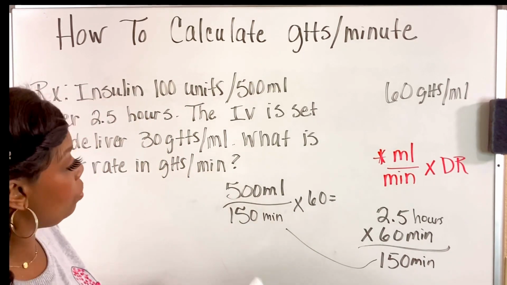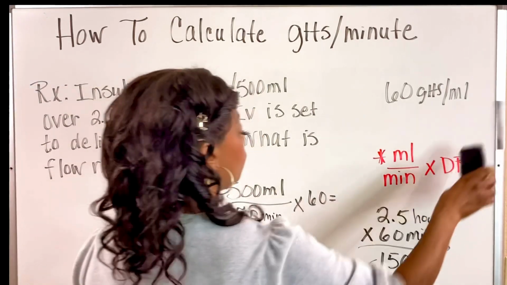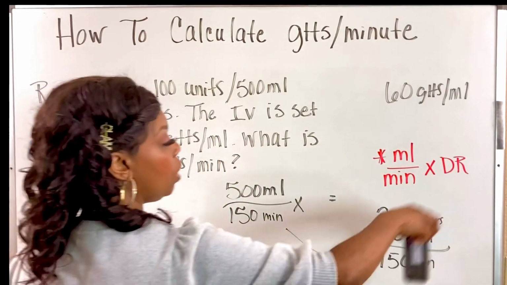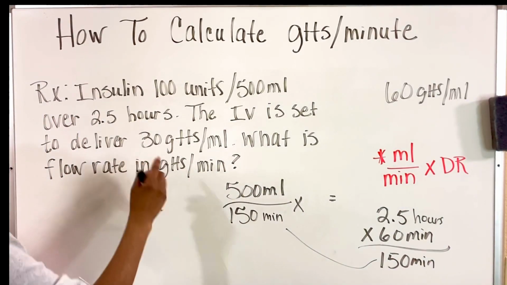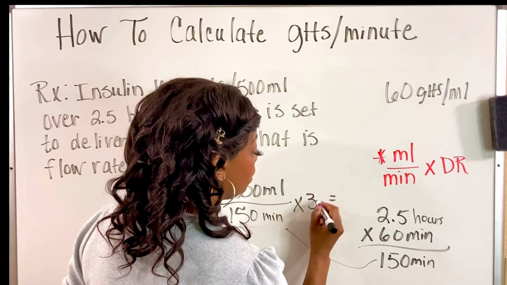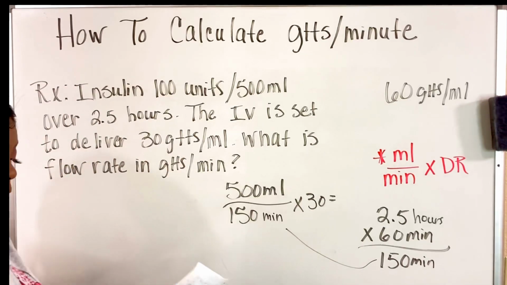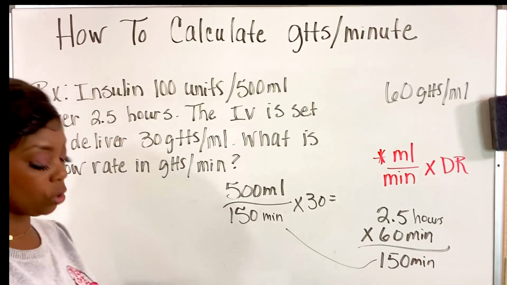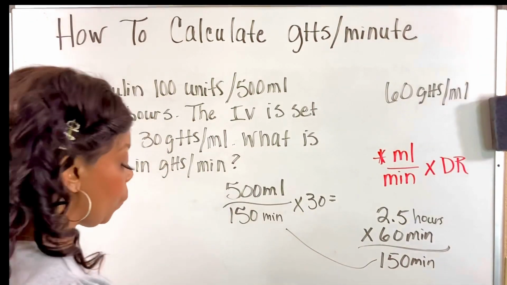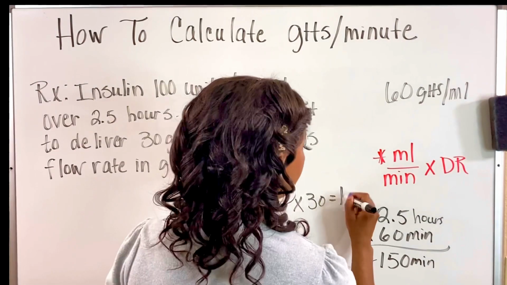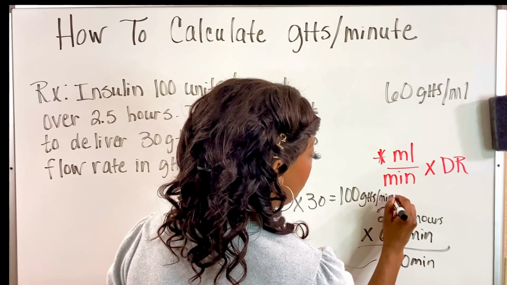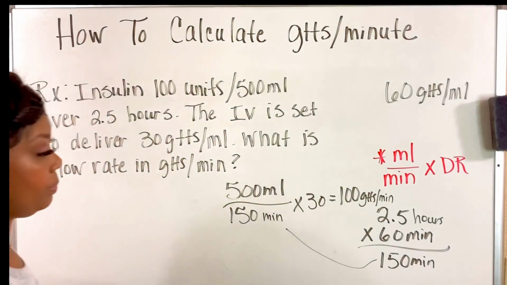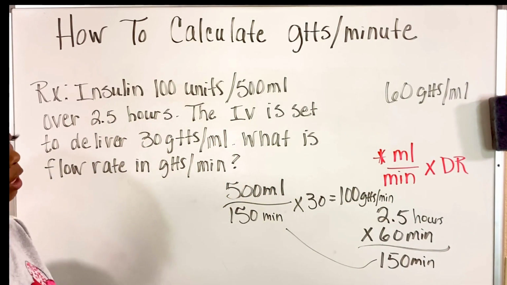Is it 60? Oh, no. We have a drop factor. Here it is right here: 30 drops per milliliter. So we're going to multiply that times 30. All right. You should come up to 100 drops per minute.